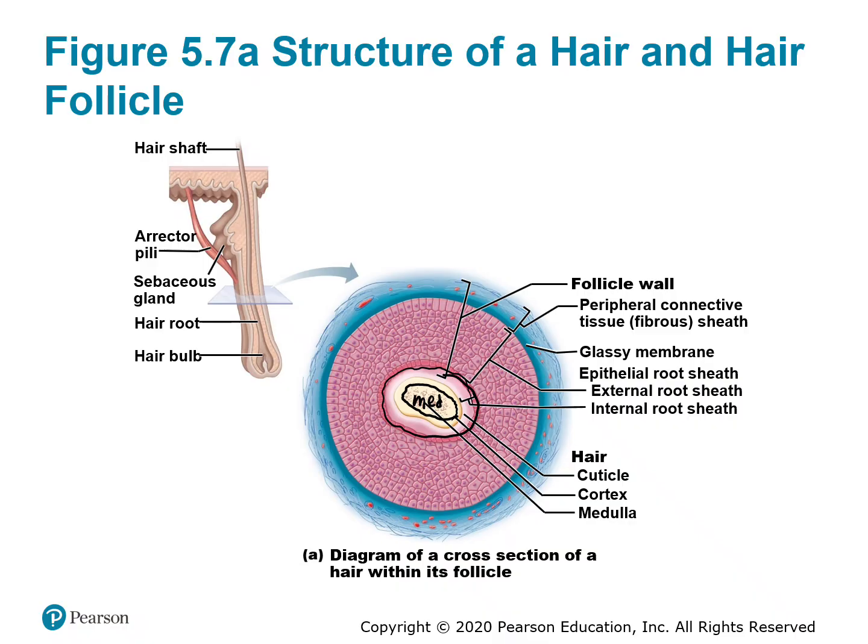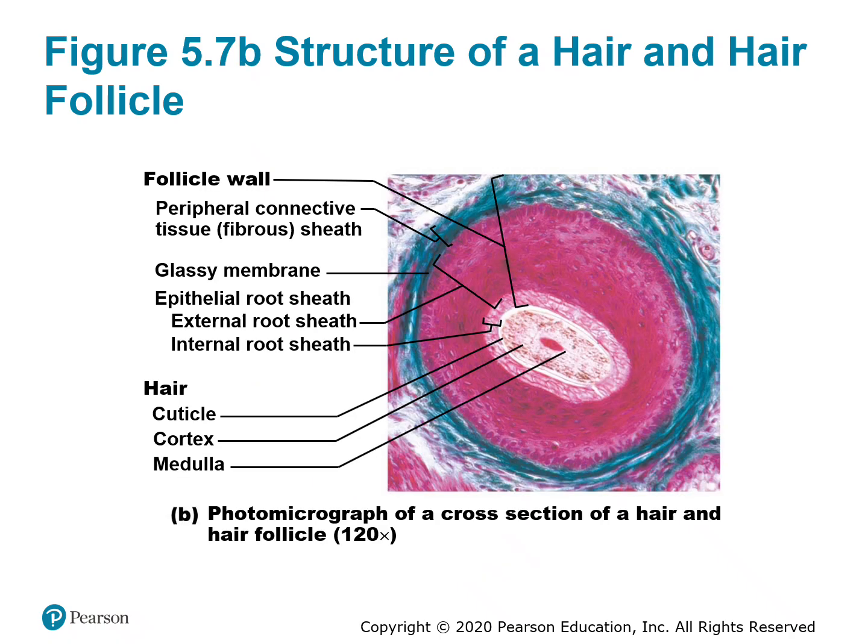There are a whole bunch of sheaths kind of outside of the hair as well. You have the follicle wall. That's all of this in here. That all just has a bunch of dead cells just to give your hair some body. Glassy membrane of the cell.